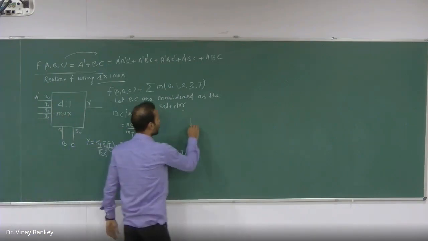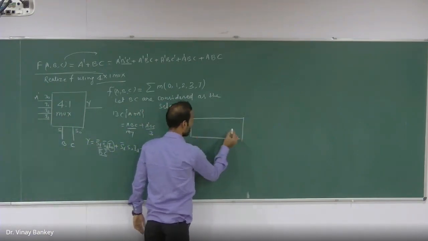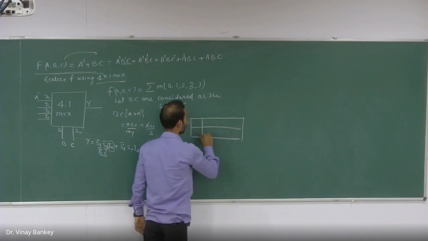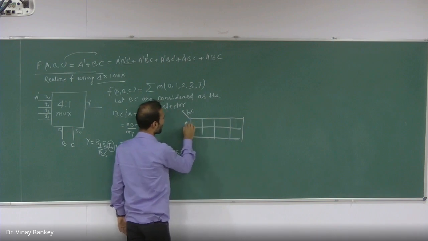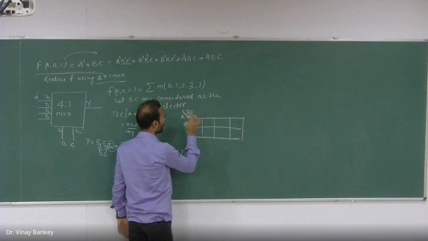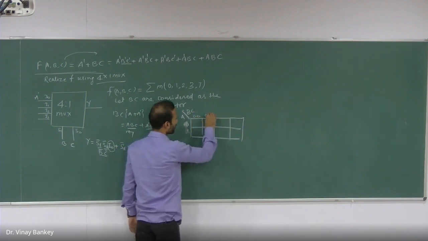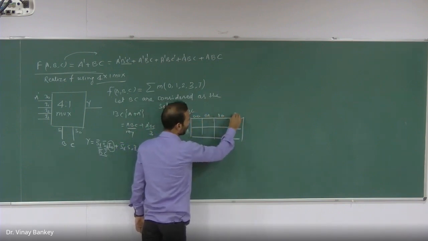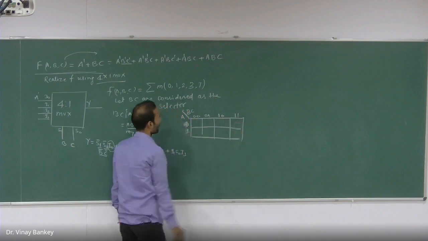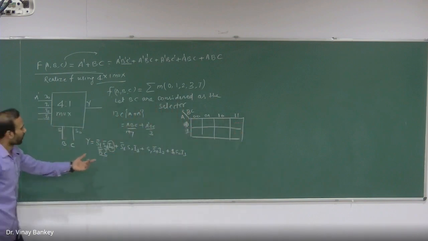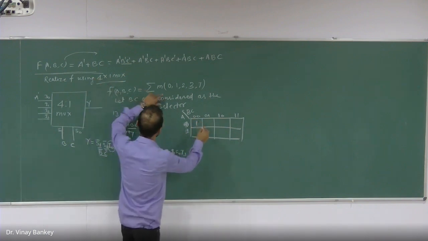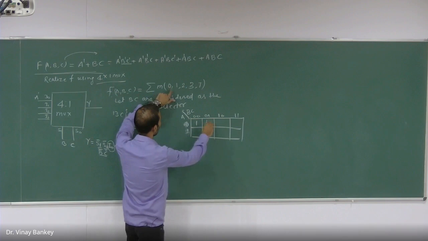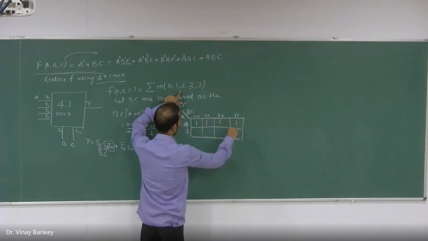So now we'll draw the K-map here. I have this K-map here, with A and B, sorry, capital B and C. So this cell will be 0, 0. This cell will be 0, 1, 1, 0, and 1, 1. Now for these min terms, I have 1, again 1, this one, and this one.